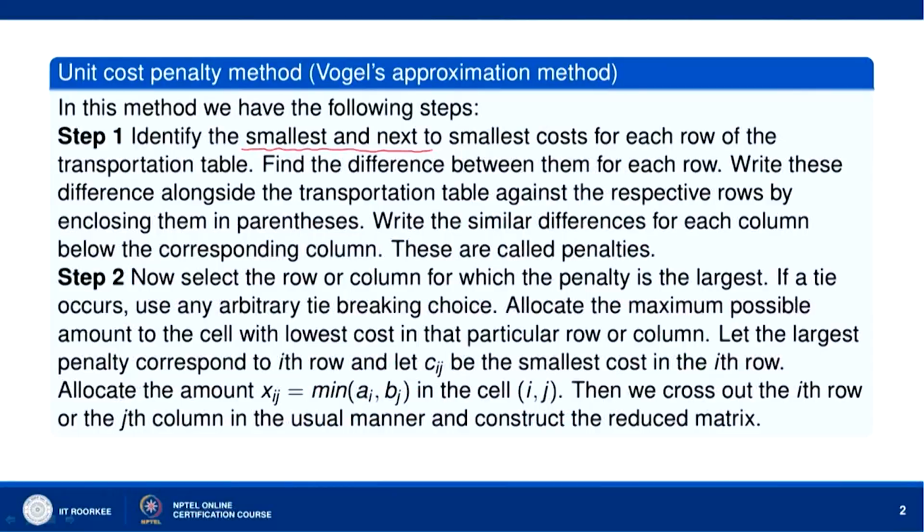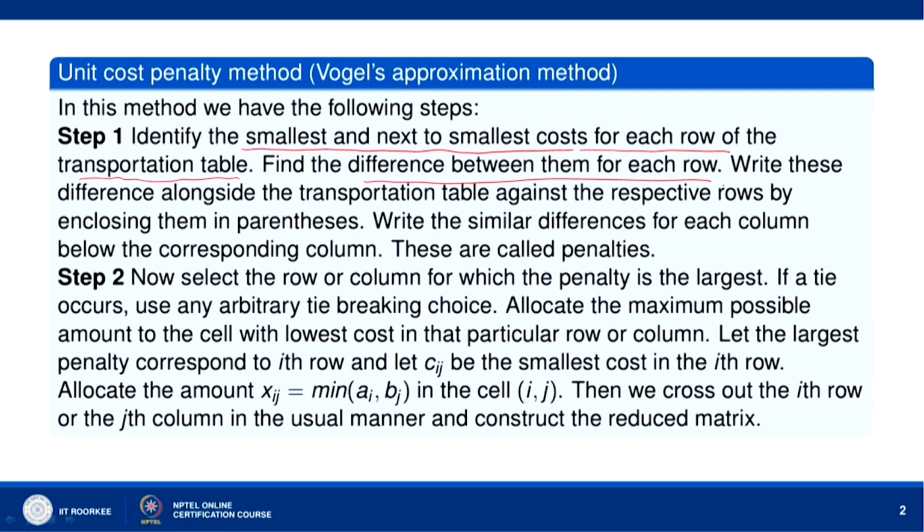So, in this method the first step is to identify the smallest and next to smallest cost for each row of the transportation table. We have the transportation table, we will identify the smallest and next to smallest cost for each row, and then we find the difference between them for each row.